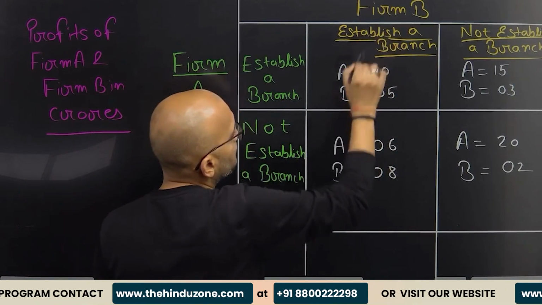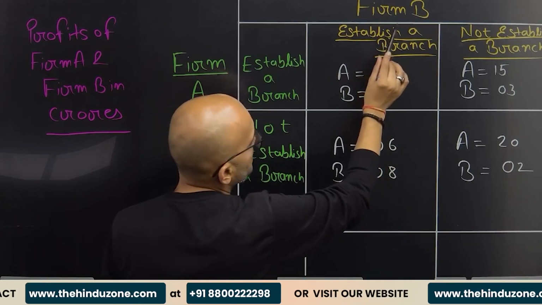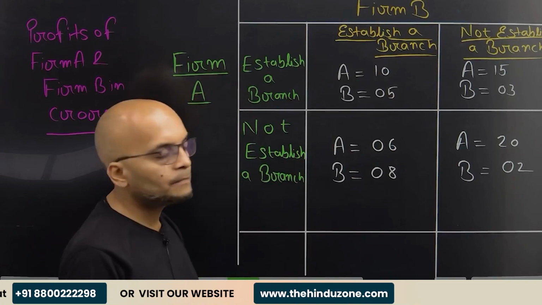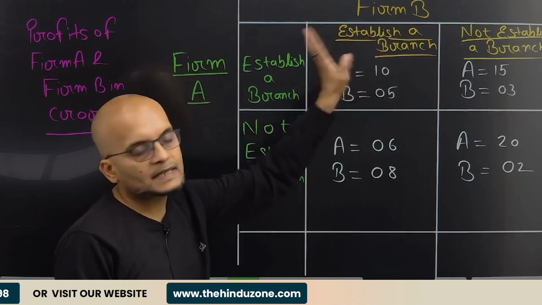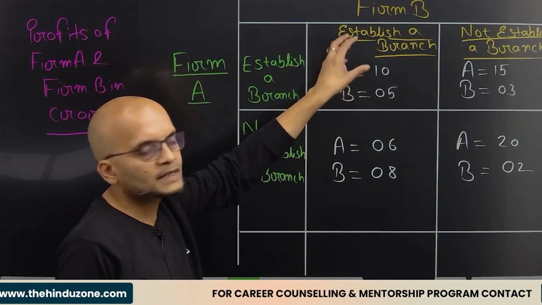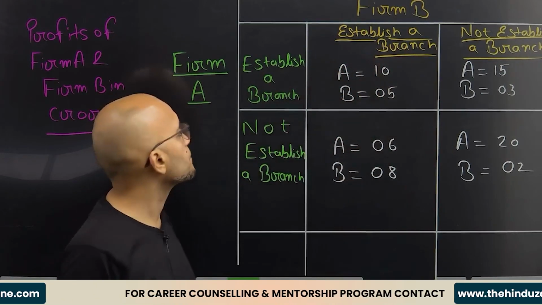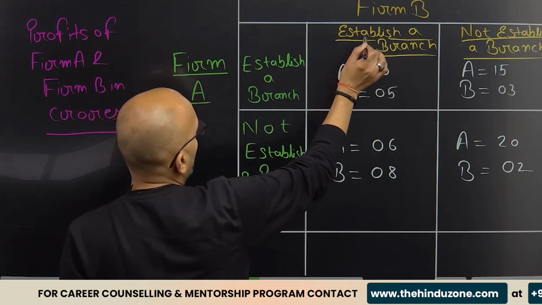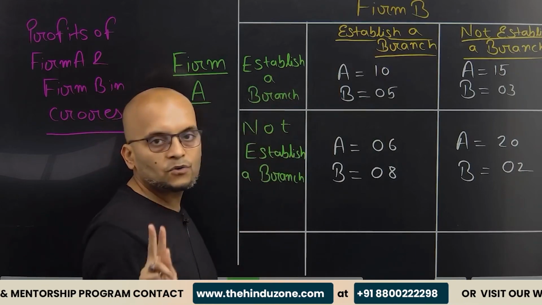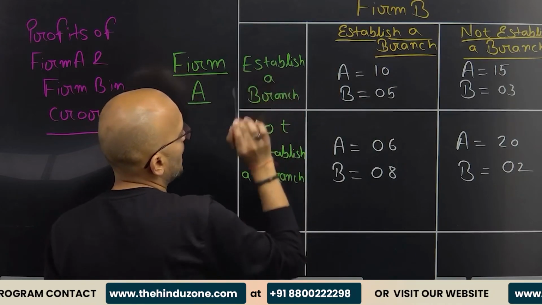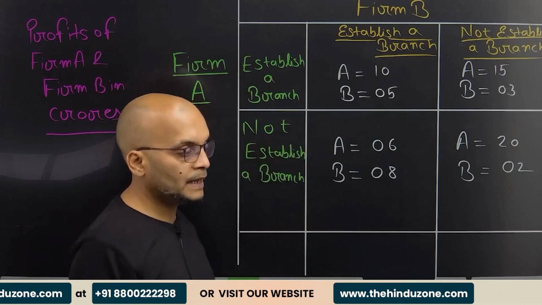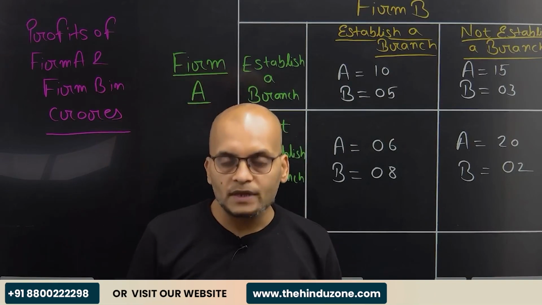Okay, let's see. Suppose firm B, which has got two options, either to establish a branch or not establish a branch, decides to establish a branch. Firm B has decided that it will establish a new branch. Now, when firm B opted to establish a new branch, firm A has got two options: it can establish a branch, or it can decide that it won't establish a branch.